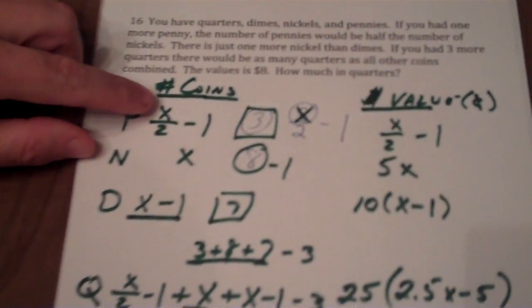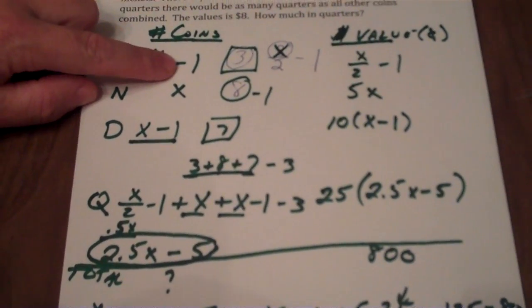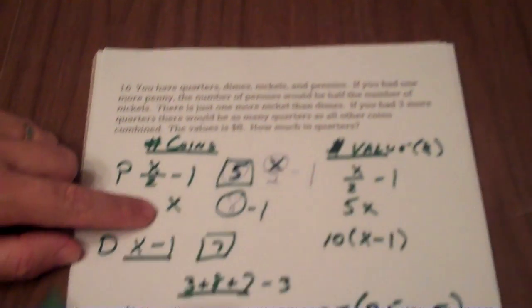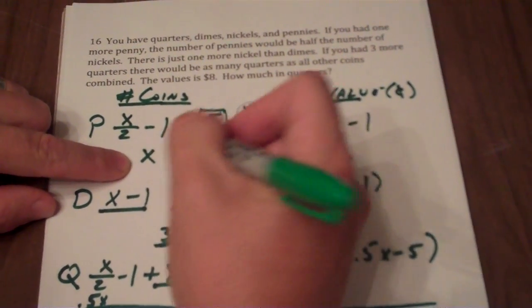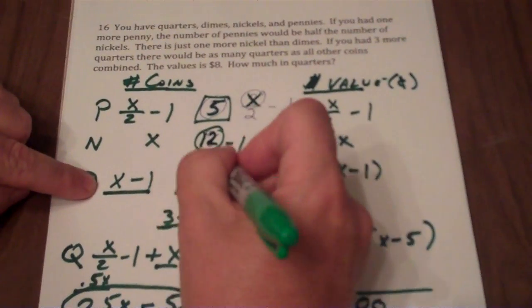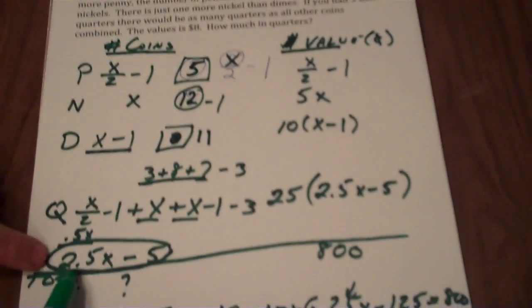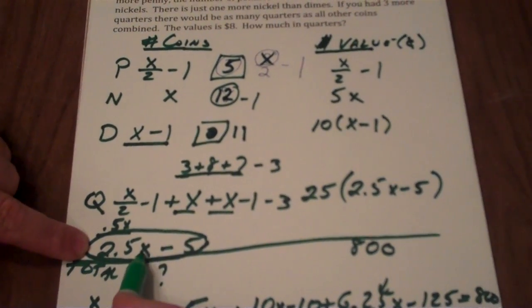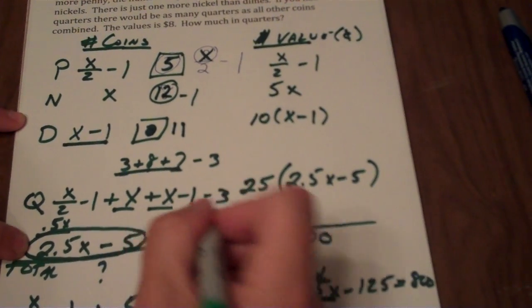Going back to the top, that means my number of pennies would be x divided by 2, or 6, minus 1, means that this value is really 5. Of course, my x, I know, is 12. x minus 1, instead of being 7, turns out to be 11. And 2.5 times 12 would be 30, minus 5 means I have 25 quarters.